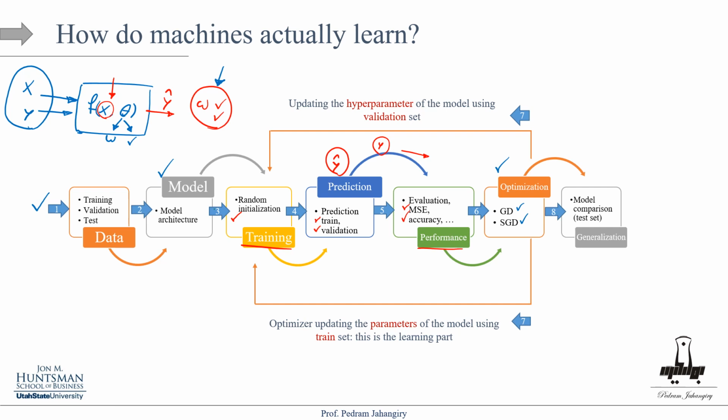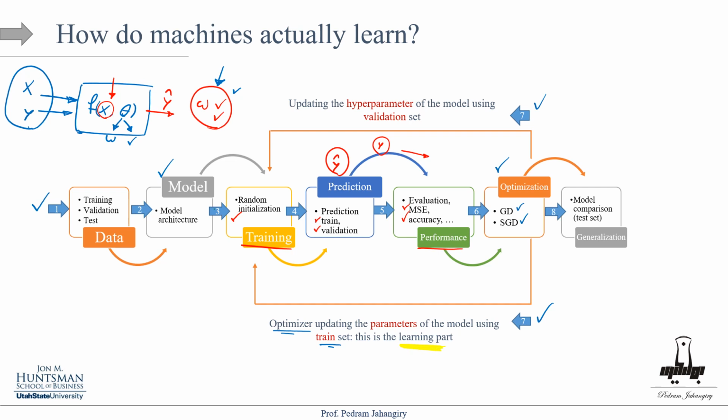But in either case, at this point, I want you to pay attention. These happen simultaneously. This is step number 7. The optimizers, the solvers, update the parameters, let's say just the weights of the model, using the train set, right? So this is the learning part. This is what we call the model is learning something, learning those weights, right?